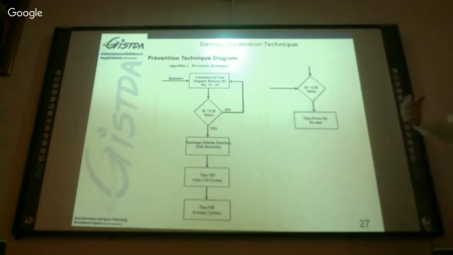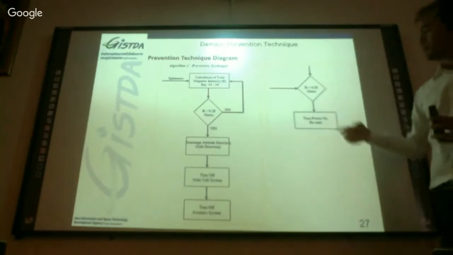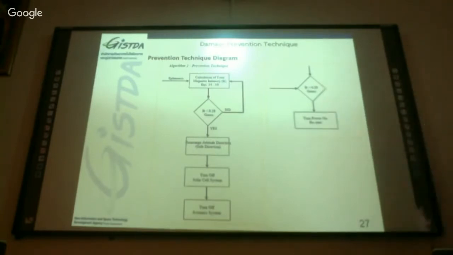The system will check until the magnetic intensity is larger than 0.28. Then it starts to acquire GPS data, turns on every subsystem, and does the operation again.